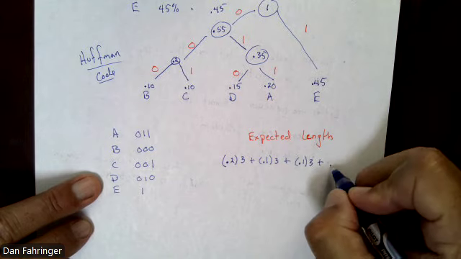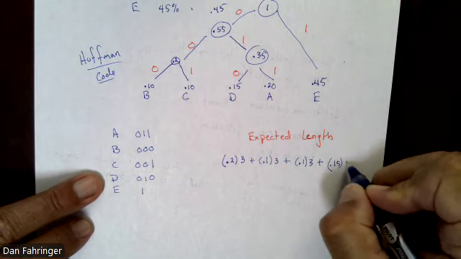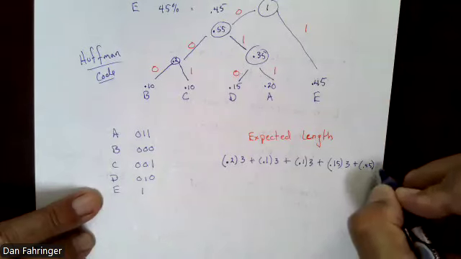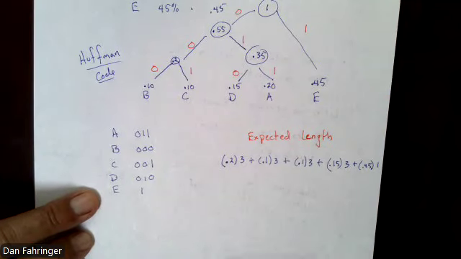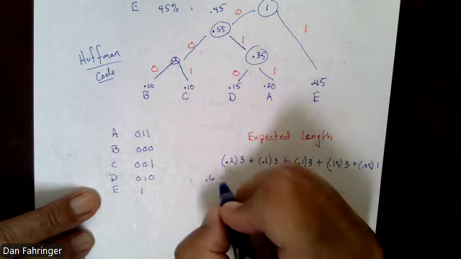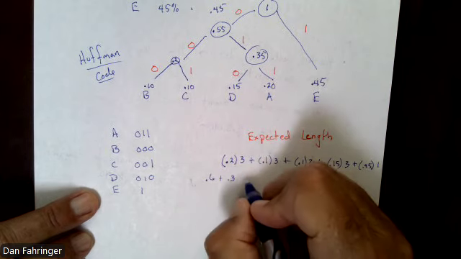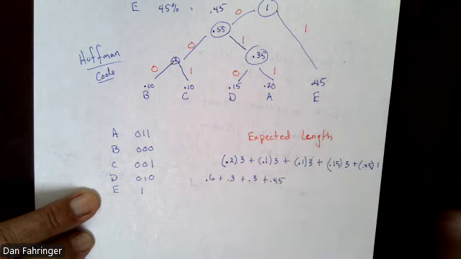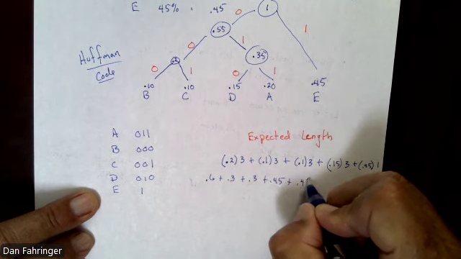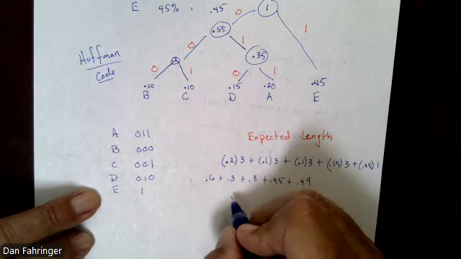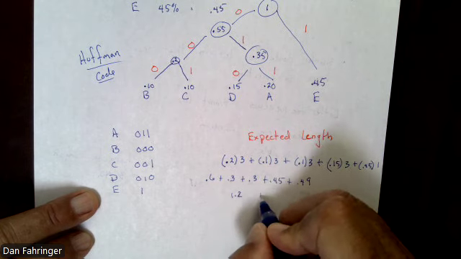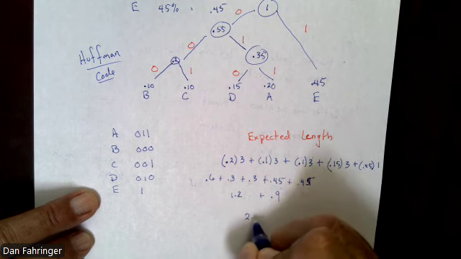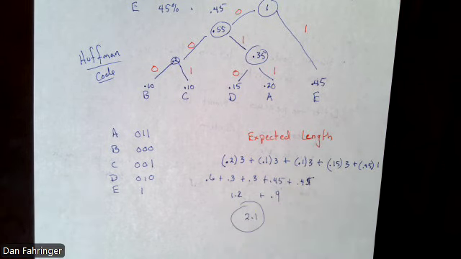B is a 0.15, 3 characters. And E is a 0.45, and it's 1 character. 0.6 plus 0.3 plus 0.3 plus 0.45 plus 0.45. That's 1.2 if I add the first 3, 0.9, 2.1 is my expected length.